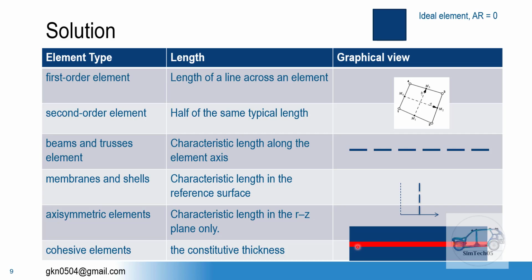One more thing, this definition of characteristic length is used because the direction in which fracture occurs is not known in advance. We don't know where the fracture is going to propagate. Therefore, an element with a large aspect ratio may have different behavior depending on the direction in which the crack is going to propagate.